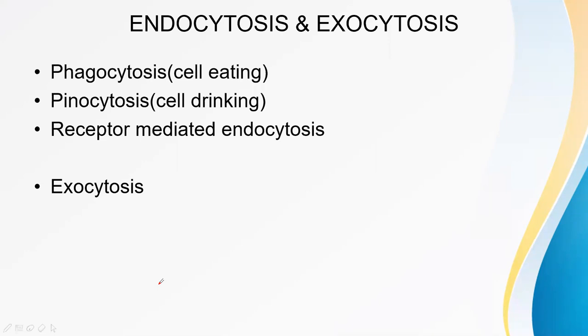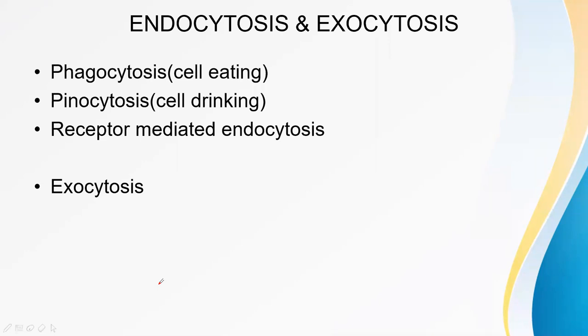Movement in or out of the cell means only the large molecules can enter or go out by the process we call endocytosis, because these larger molecules cannot enter through the pores of the cell membrane. Now there are three types of endocytosis: phagocytosis, pinocytosis, and receptor mediated endocytosis.